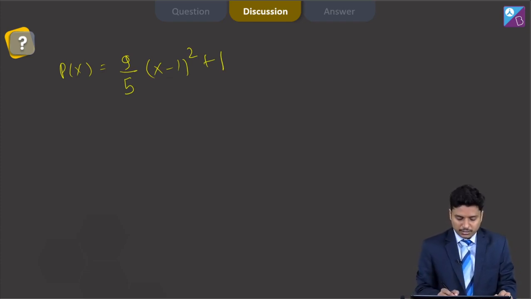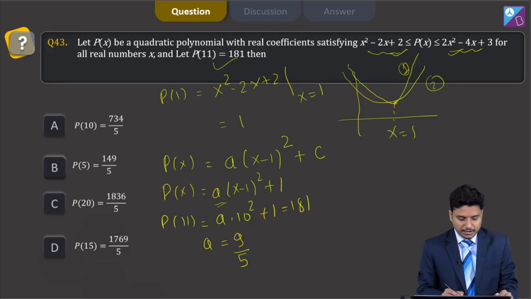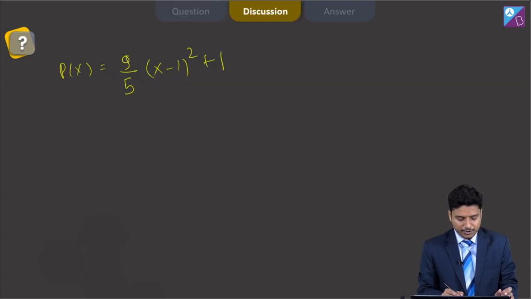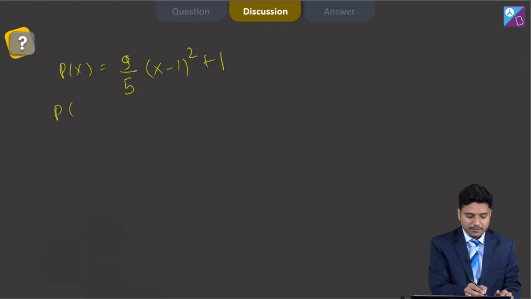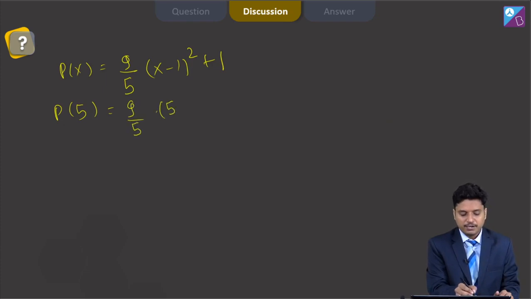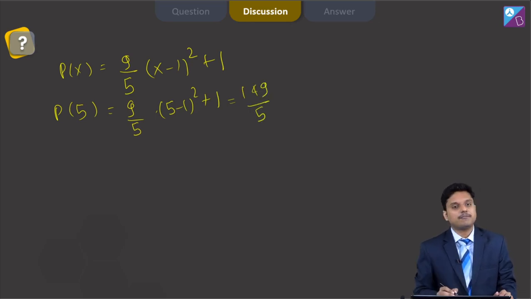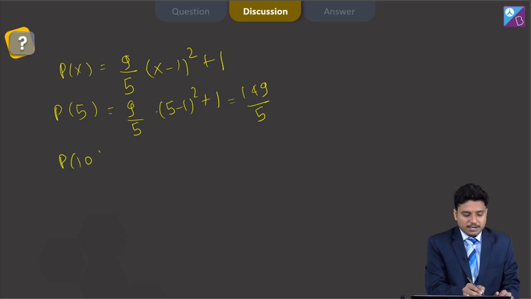So what are the options given? We have to find P(10), P(5), P(20) and P(15). So one by one we try. P(5) will be equal to 9/5 into (5 − 1)² plus 1, which is 9/5 into 4², which is 144/5, and plus 1 is there, so it converts into 149/5. P(10) can also be calculated: 9/5 into 9² plus 1.